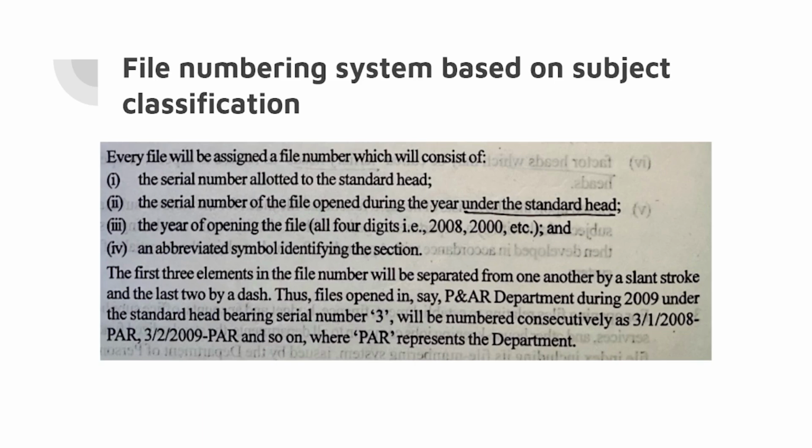Thus, files opened in, say, PAR department during 2009 under the standard head bearing serial number 3 will be numbered consecutively as 3 stroke 1 stroke 2009 dash PAR, 3 stroke 2 stroke 2009 dash PAR, and so on, where PAR represents the department.